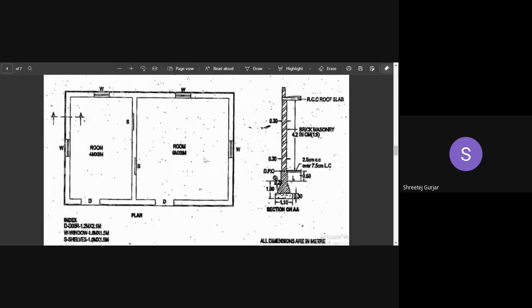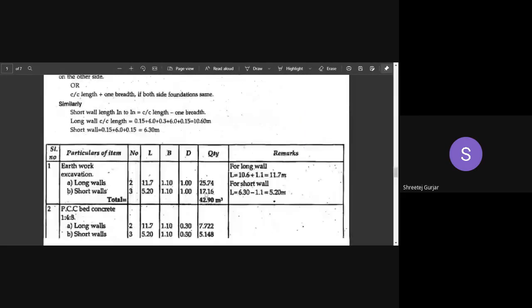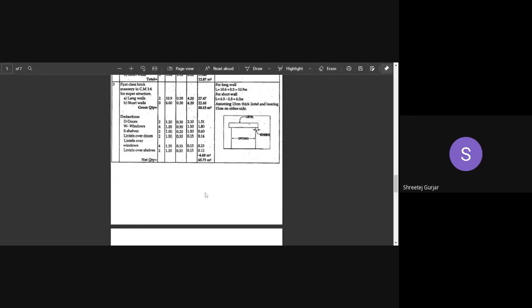See, this is the next problem wherein it has two rooms, and this is also a load bearing type of structure wherein it has no columns. And this is how your calculation is, just a very short one. A problem may seem big from a plan, but it is also a shorter one.